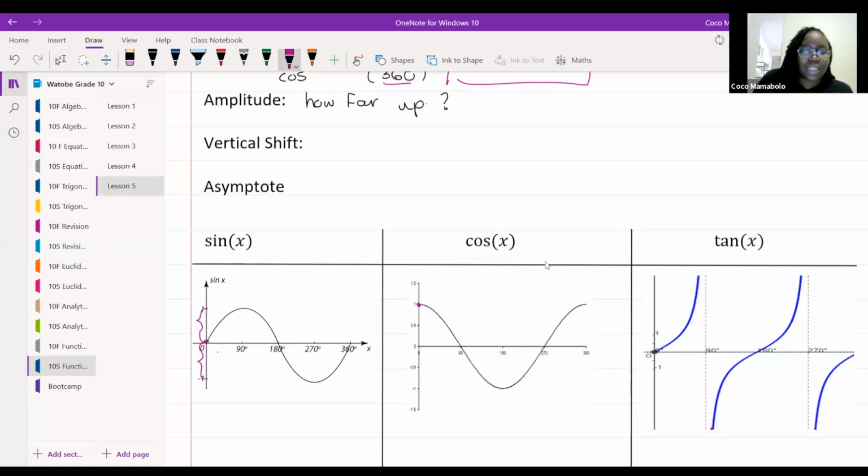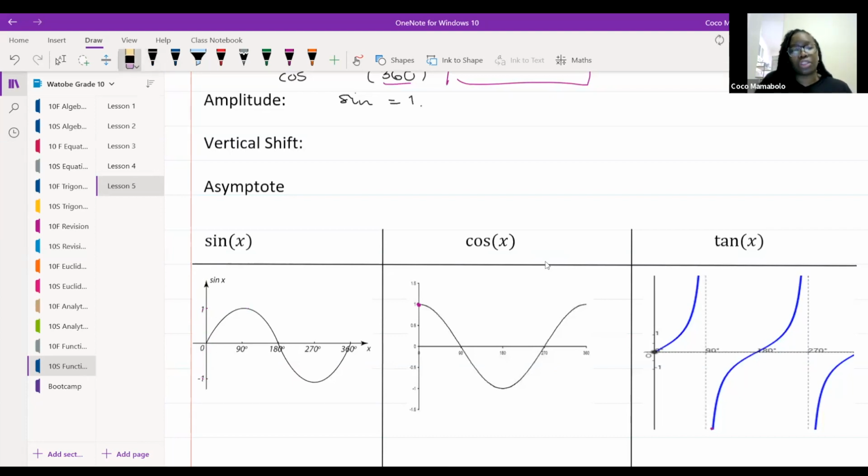So if I start at 0 and I go to the top of my sine graph, this part over here is my amplitude. So the amplitude of a sine graph is 1.